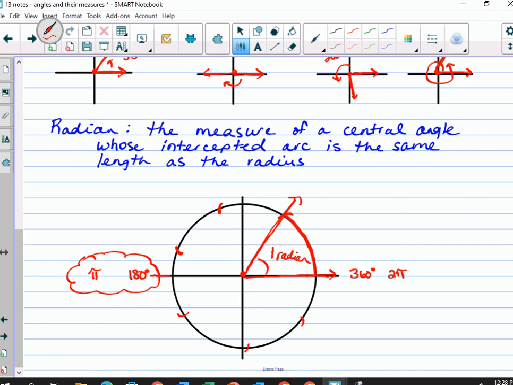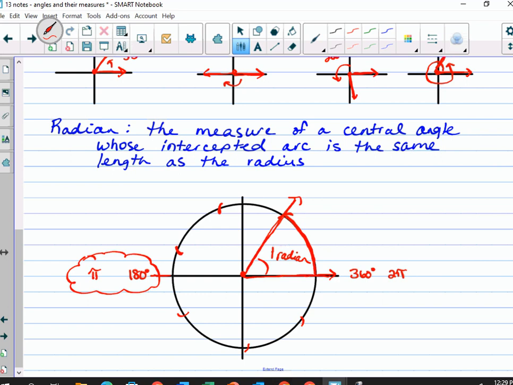Anybody questions or need me to say any part of that again? I know it's different and new for you guys. Does the radian have a specific angle measurement? So, if I said the angle is pi, you would know that's the same as 180 degrees.